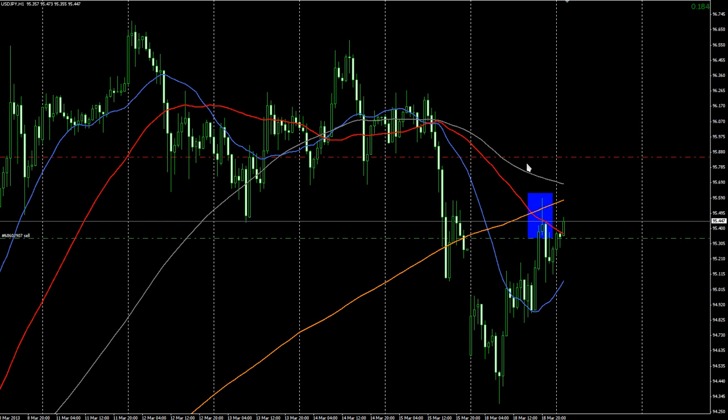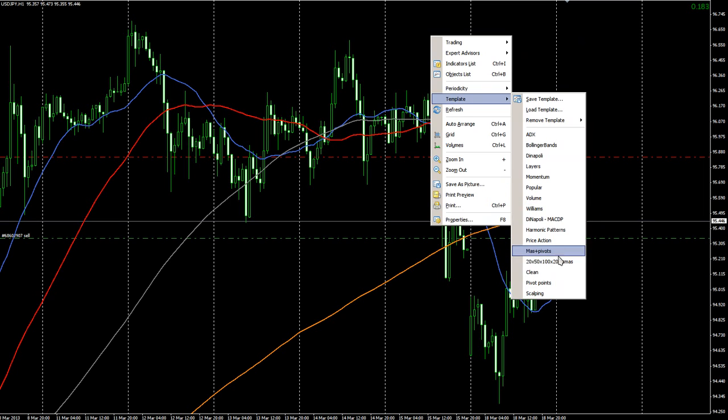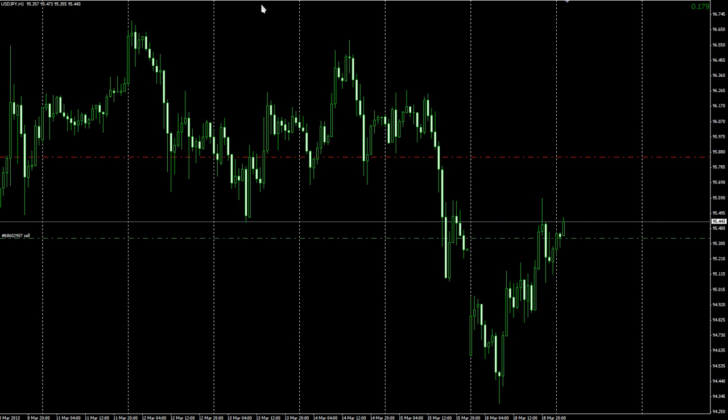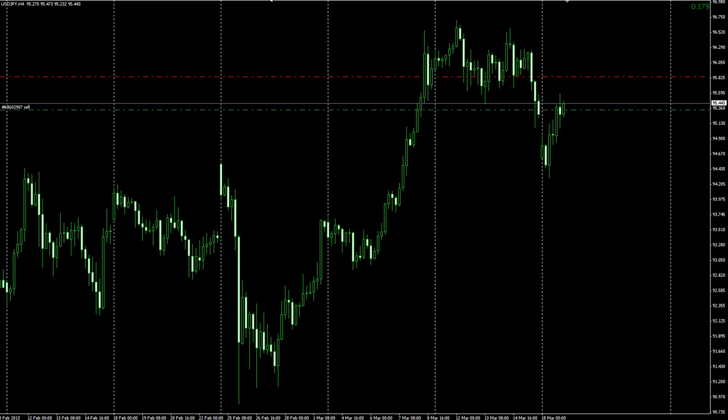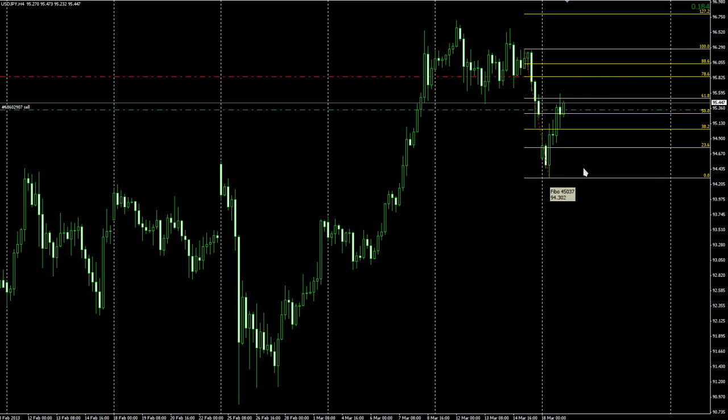At the same time, there are other factors that give additional resistance to this area. Let me put the 4 hour time frame. This is the 4 hour chart. We can see that we are at important Fibonacci resistance area.